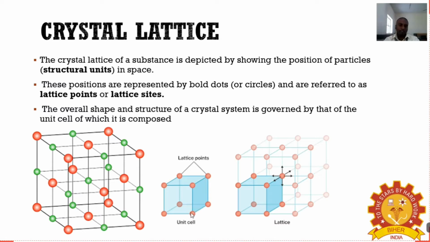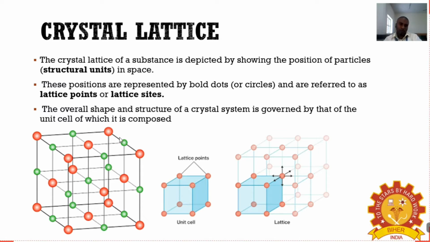These lattice points may be occupied by atoms, ions or molecules. These positions are represented by bold dots, and they are called lattice points or lattice sites.